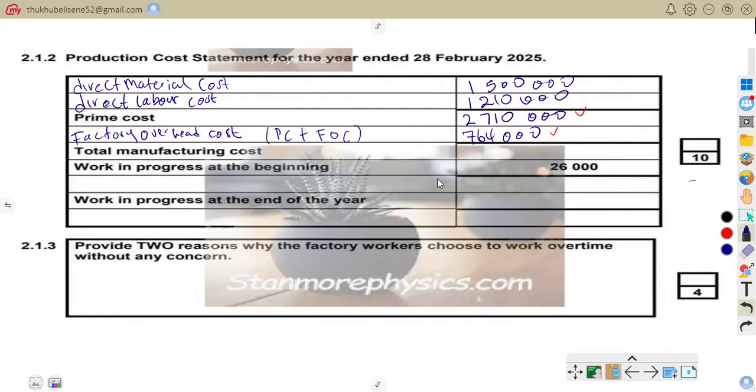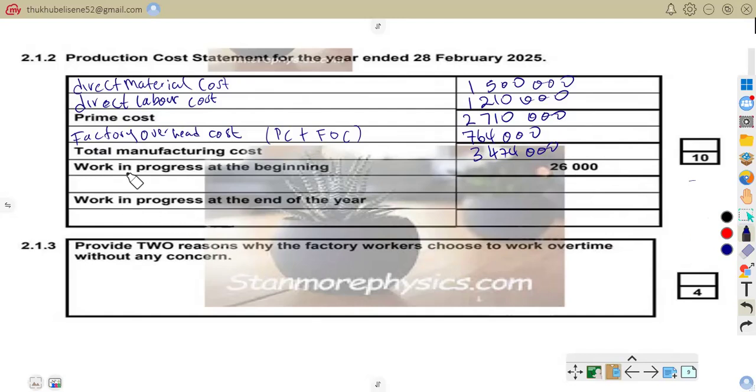So this will be how much? Total manufacturing cost will be 3,474,000. That is our total manufacturing cost.